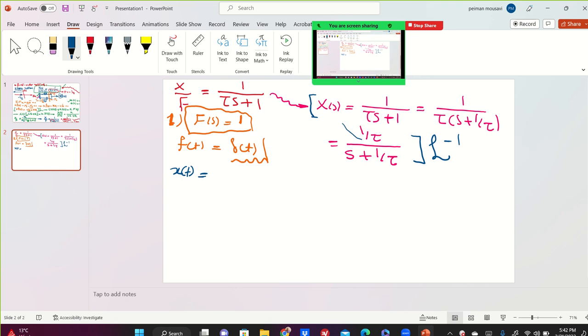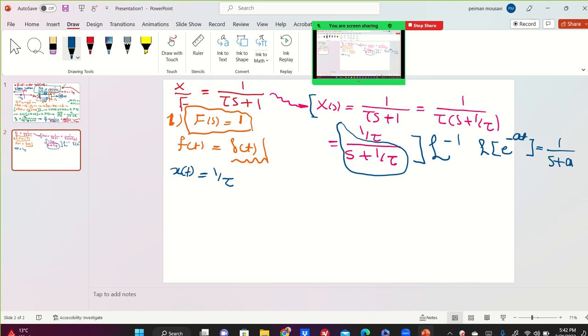So which function gives you such a transfer function? I taught you: 1 over tau. You know that the Laplace of e to the minus a t is 1 over s plus a.